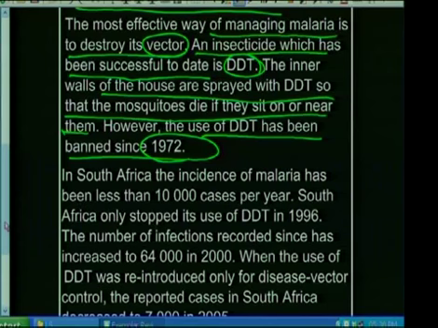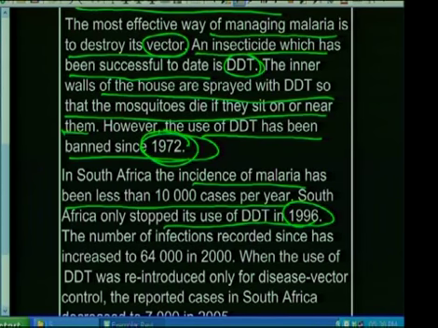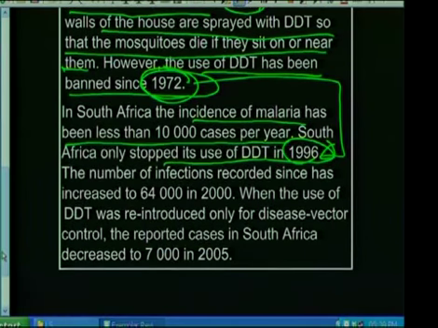In South Africa, the incidence of malaria has been less than 10,000 cases per year. South Africa only stopped its use of DDT in 1996. In 1972, it was banned. In 1996, we came to the party only. We can imagine the harms to the environment and the people and the animals that we have caused in that time. The number of infections recorded since has increased to 64,000 in 2000.